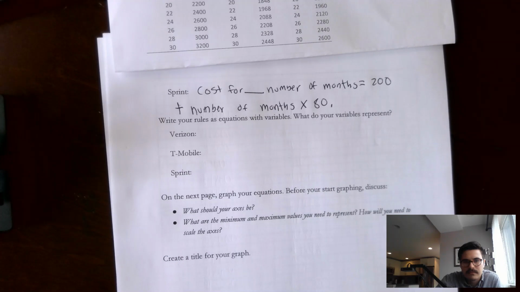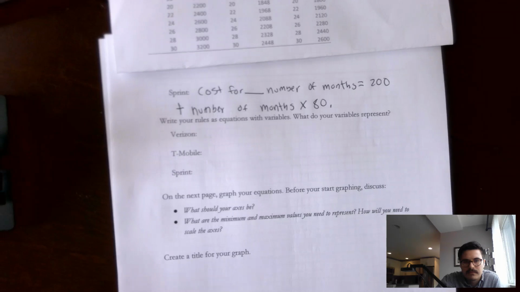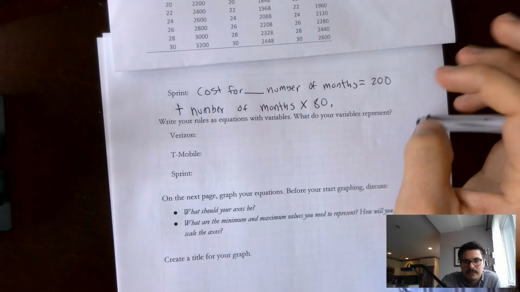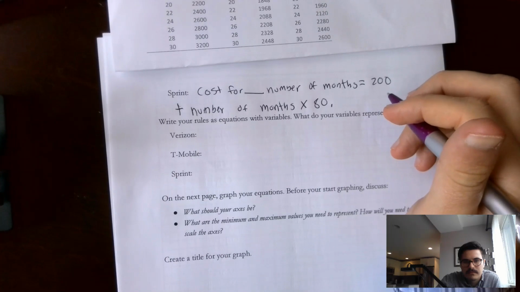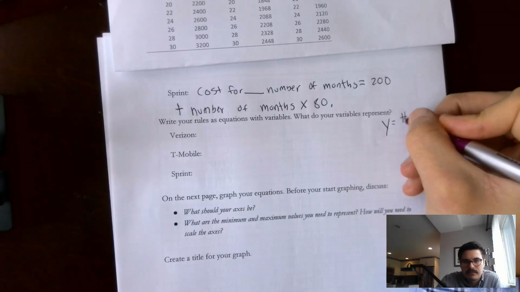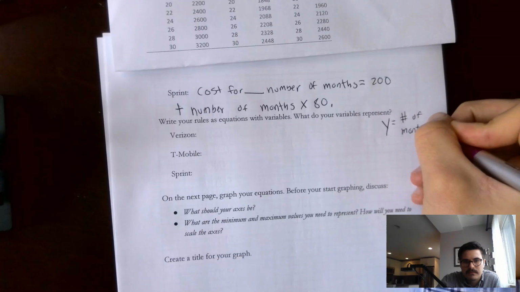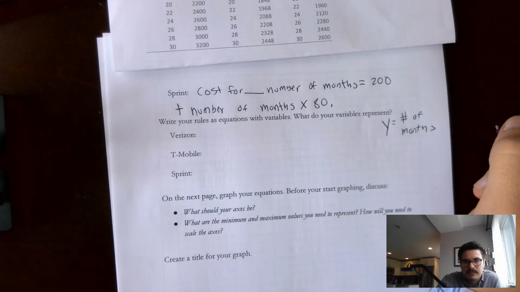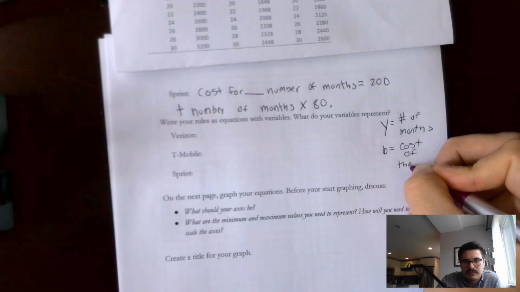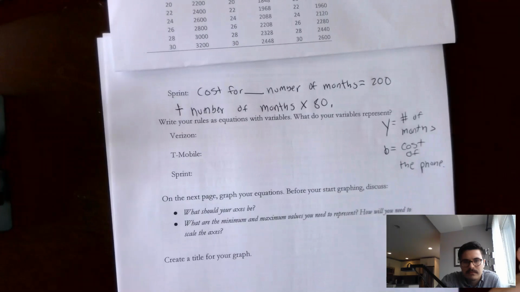So let's say that the cost for the number of months, let's call that Y. Okay, and then B is going to equal the cost of the phone.